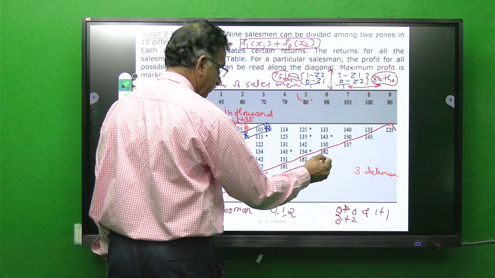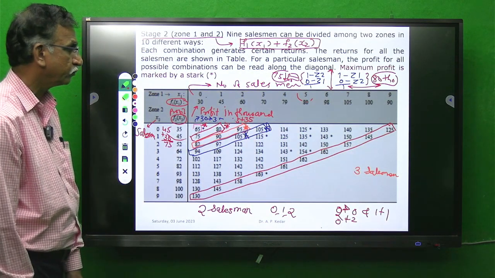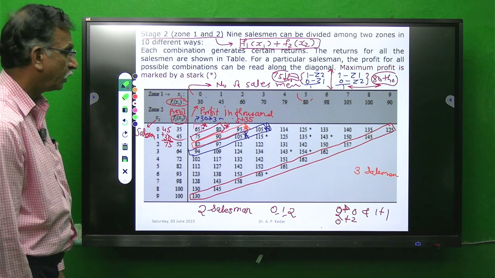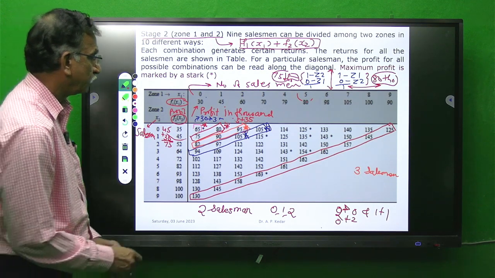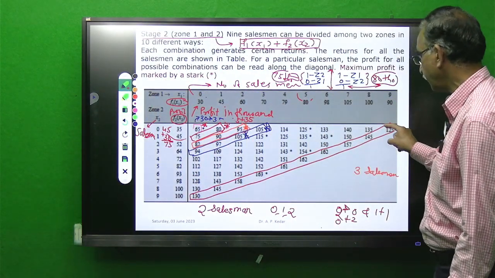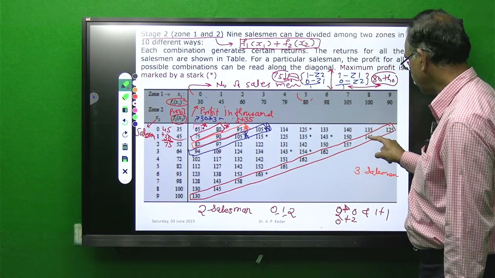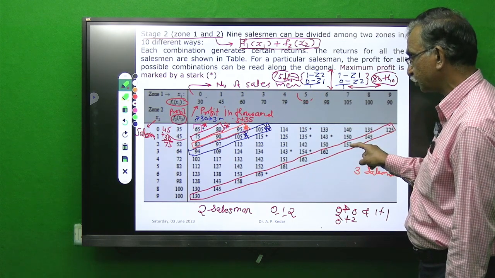Now this value of 125 is a combination of 9 and 0. This 145 was 8 with 1. This is 7 with 2.